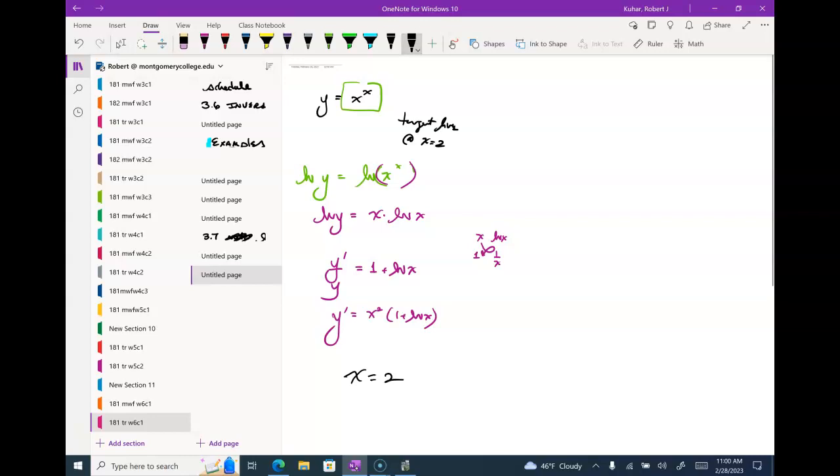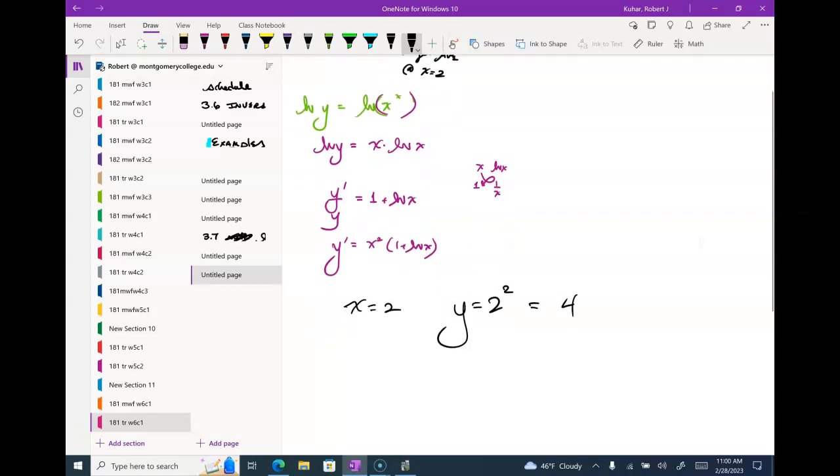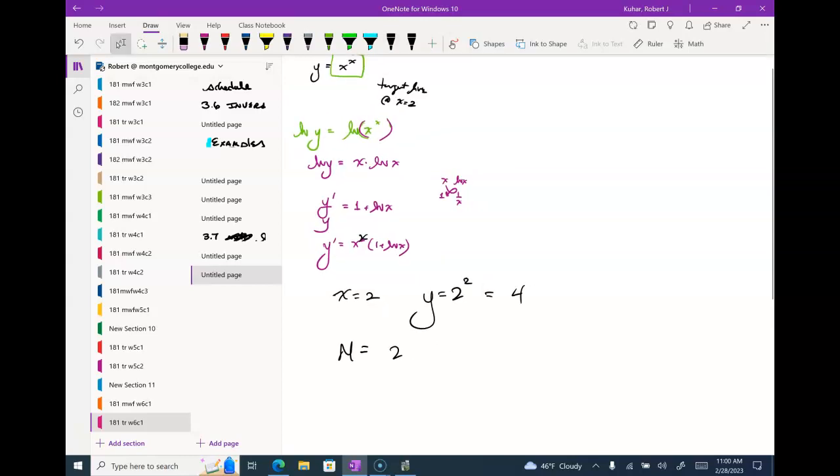So I know x is 2, I know y is 2 to the 2, which is 4, right? And I know m is, sorry, that's x to the x, not x squared, Robert. Right, x to the x is y? Sorry. So I get 2 to the 2 times 1 plus ln of 2.